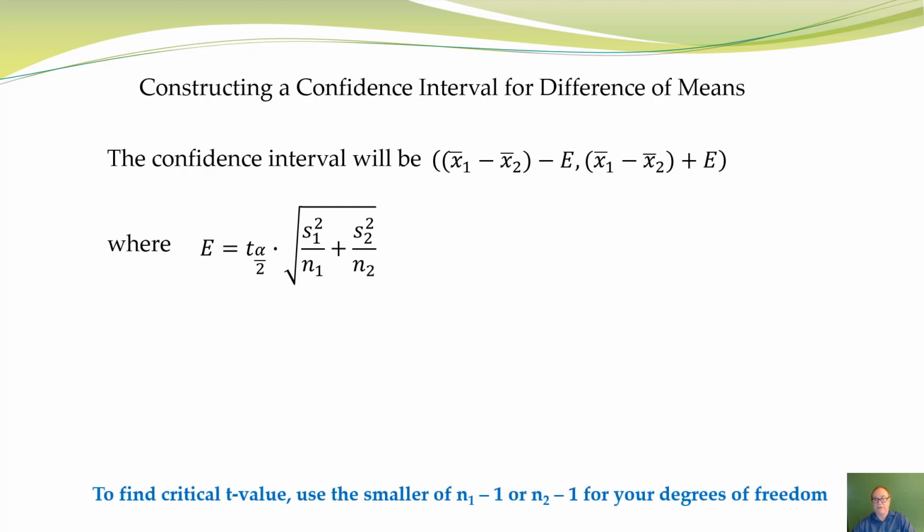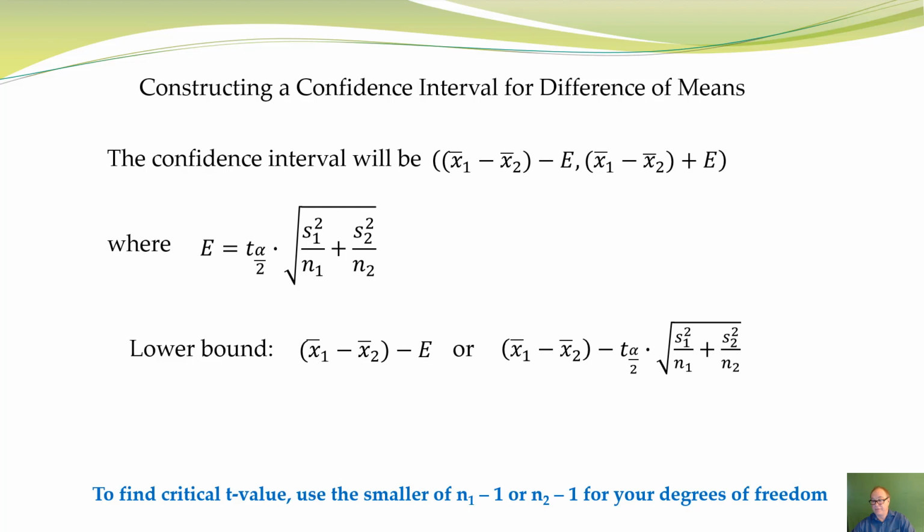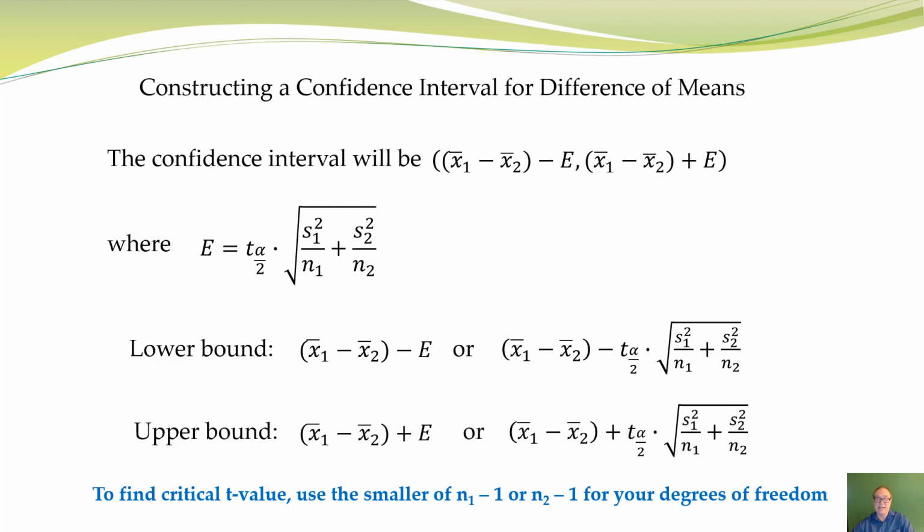Now, to find the critical t value, use the smaller of n1 minus 1 and n2 minus 1. Remember that. Lower bound, upper bound, these are the same things we've been dealing with all along. And remember, to find that margin of error, E, you could take the upper limit minus the lower limit and divide by 2. That would give you the margin of error.